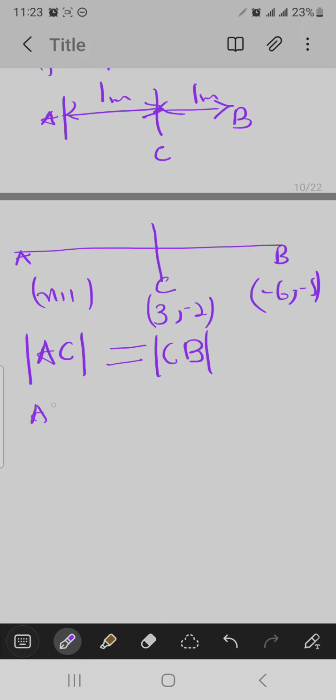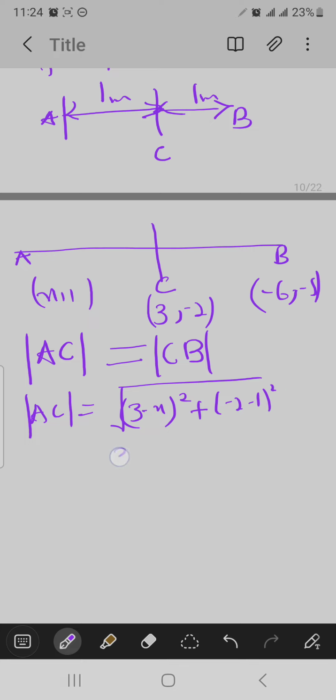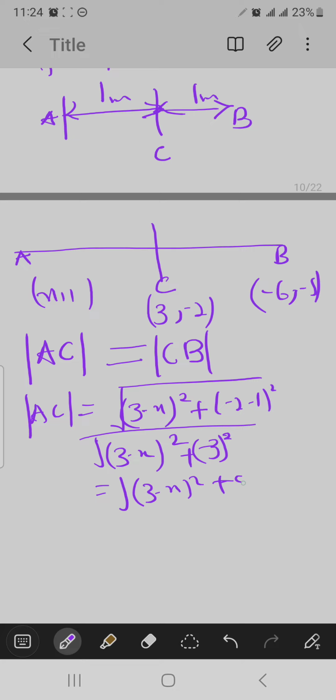So now let's find AC. AC will now be equal to the square root of (3 minus x) all squared plus (minus 2 minus 1) all squared. So this one will be (3 minus x) all squared plus 3 squared, square root. So this one will now be the square root of (3 minus x) all squared plus 9.